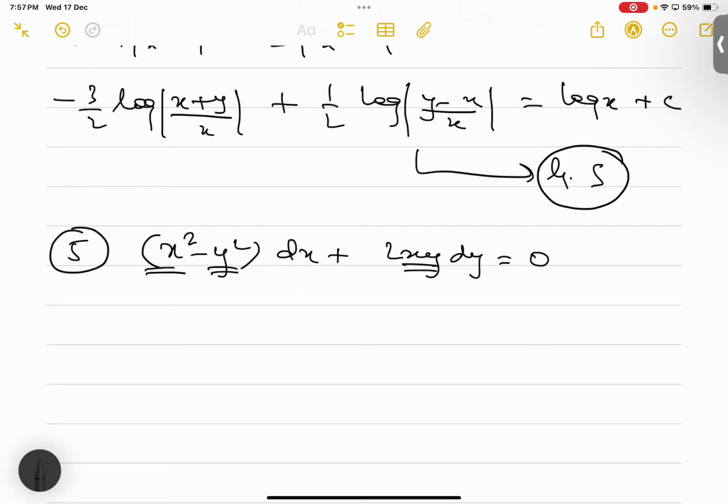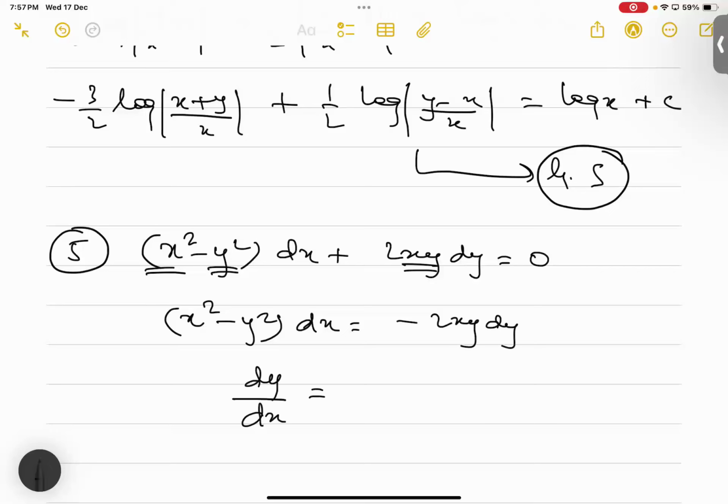No need to break our head over here. We just have to get what? Dy by dx. Are you understanding? Can someone tell me what is dy by dx? Minus 2xy. So y square minus x square upon 2xy.